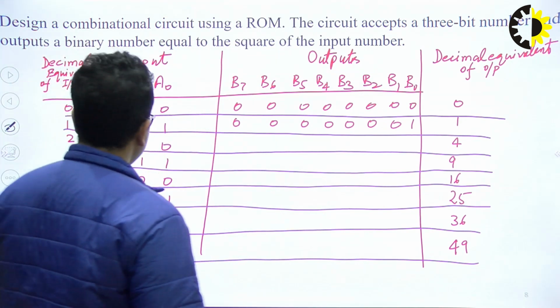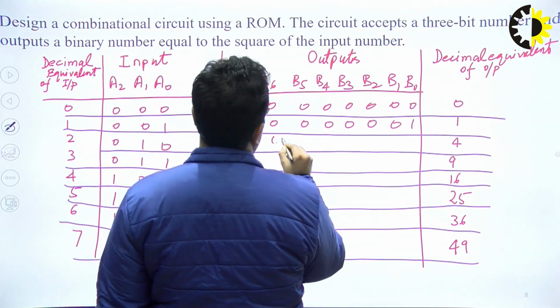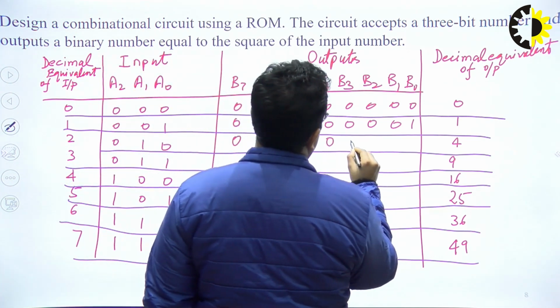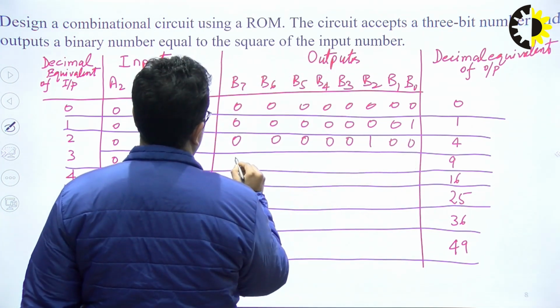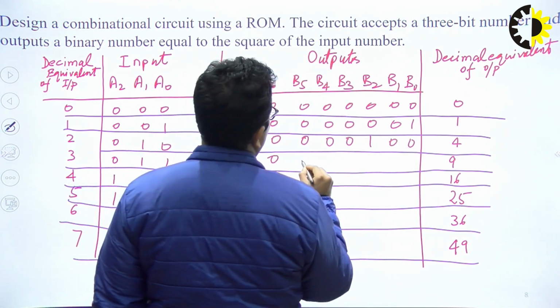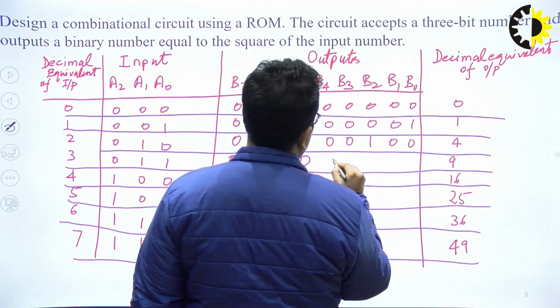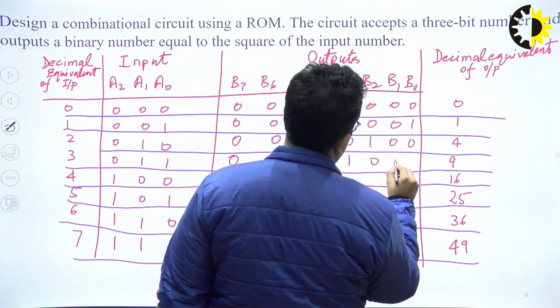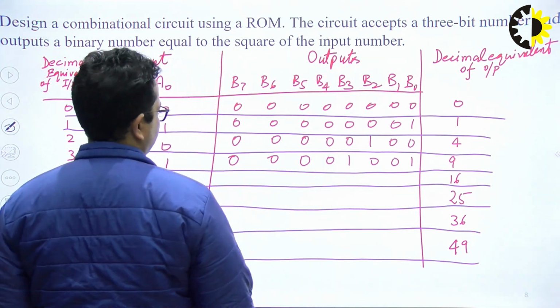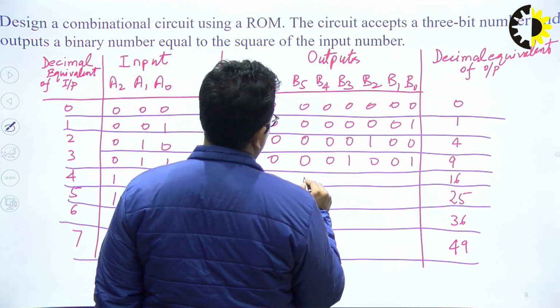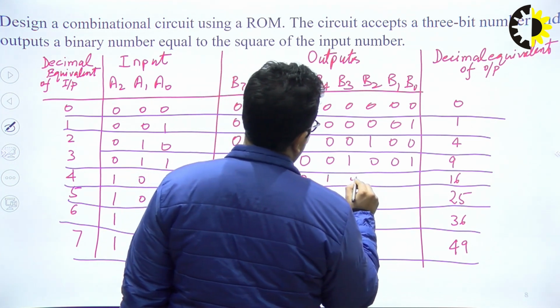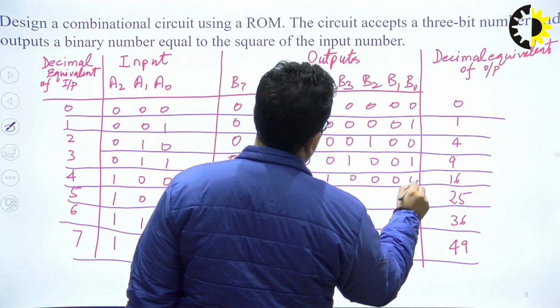Now for 9, it will be 0 0 0 0 1 0 0 1. For 16, 0 0 0 1 0 0 0 0.